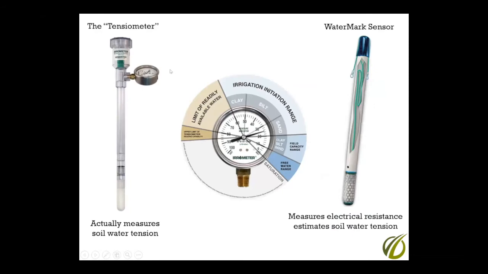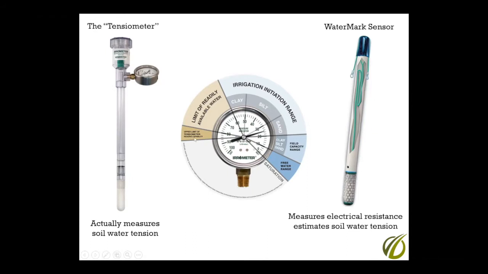So, going into some of the sensors and how we can measure the amount of water that is available. Tensiometers have been around for a long time, probably pushing 70 years now. Essentially, all this is a ceramic cup where a vacuum is pulled to measure the amount of suction that is required to draw water into the plant through the root.